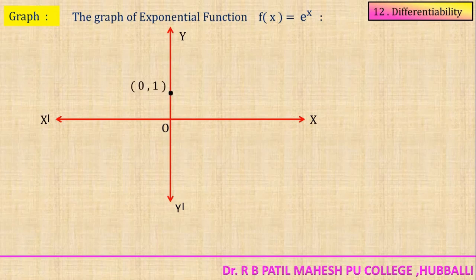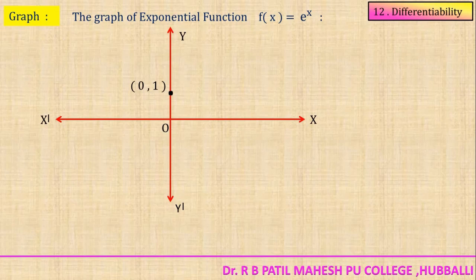Any function, 10 raised to x, 20 raised to x, 3 raised to x, 2 raised to x, 15 raised to x, e raised to x, the graph or curve of all these functions always passes through the point 0, 1, because any number raised to 0 is 1. Therefore this point always lies on any exponential function graph.